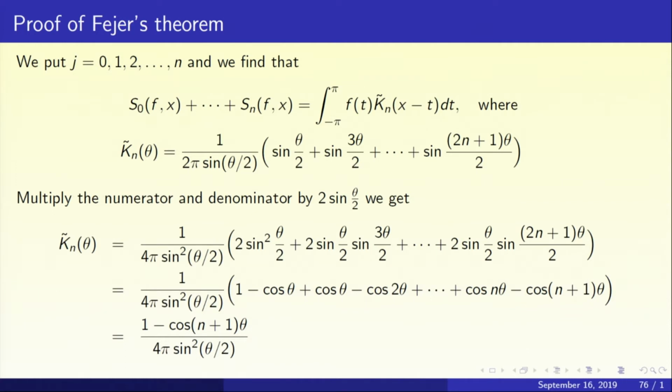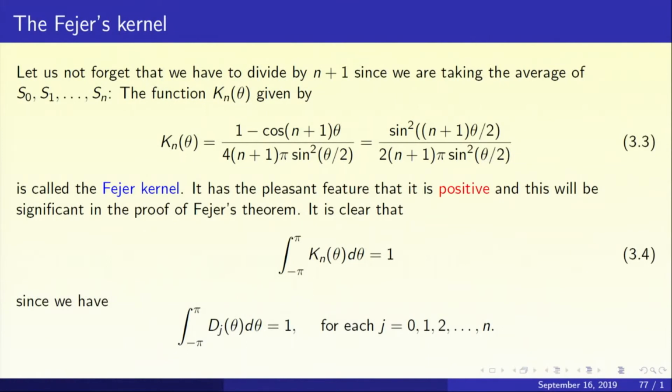Now I must write 1 minus cos n plus 1 theta as 2 sine squared n plus 1 by 2 theta. That's what I'm going to do next.